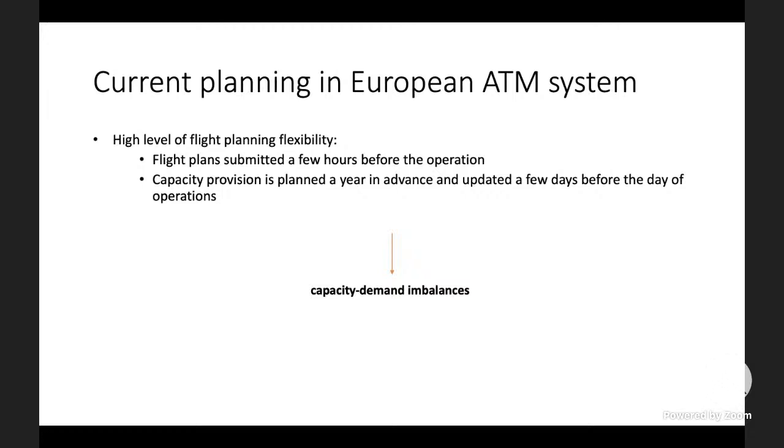So usually the fact that the capacity provision is planned much in advance sometimes causes system delay, because something happens. An air controller in charge of a sector for a given time is usually able to control a limited number of planes, and this is called the capacity.